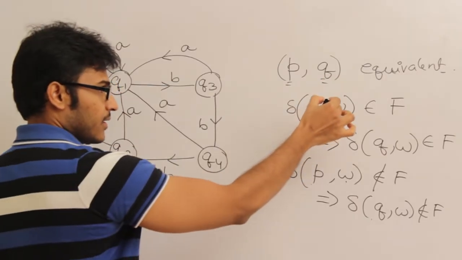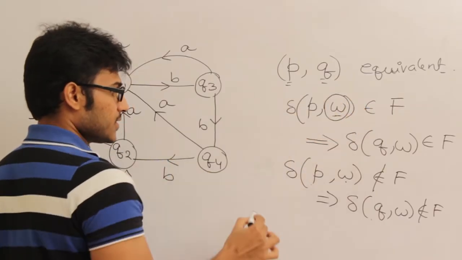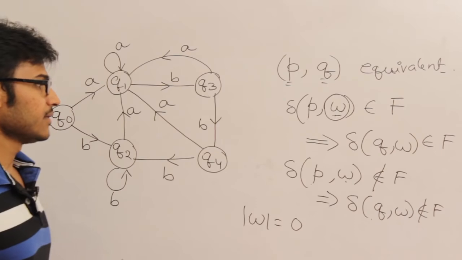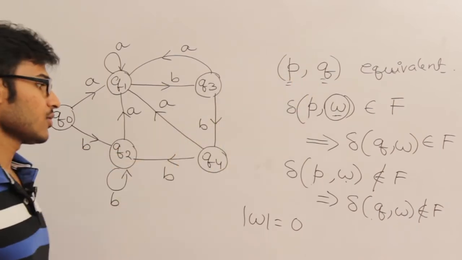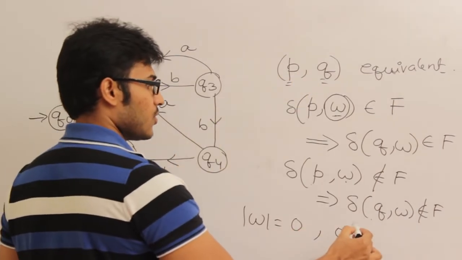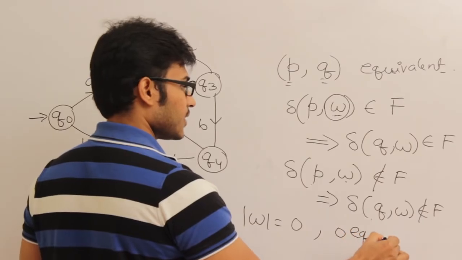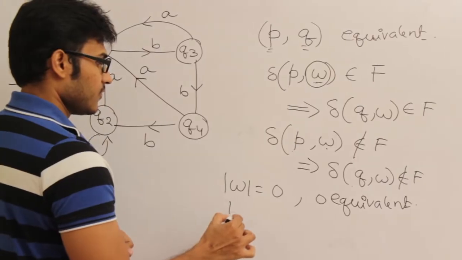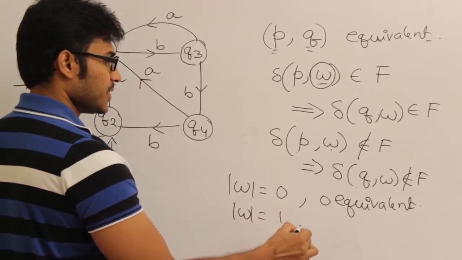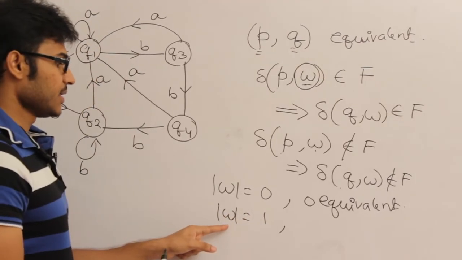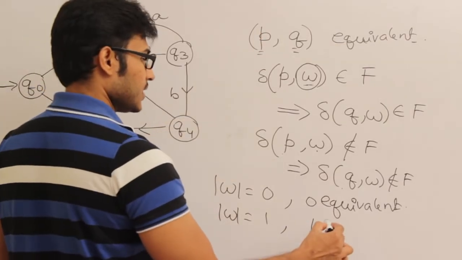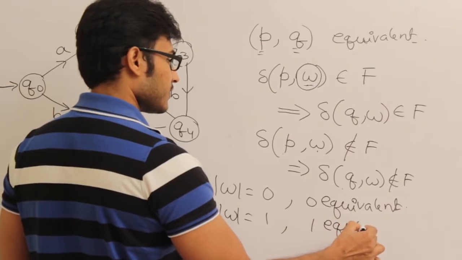If the length of W, mod W, is 0, then both states P and Q are called 0 equivalent. If the length of W is 1, which means I see a single symbol and they follow this property, then both states are 1 equivalent.